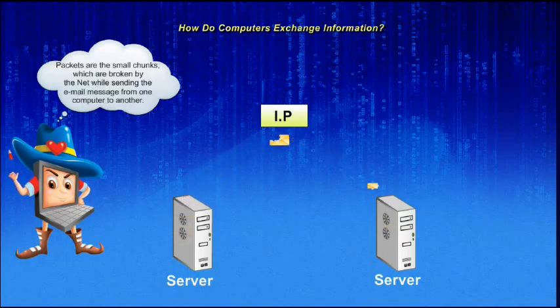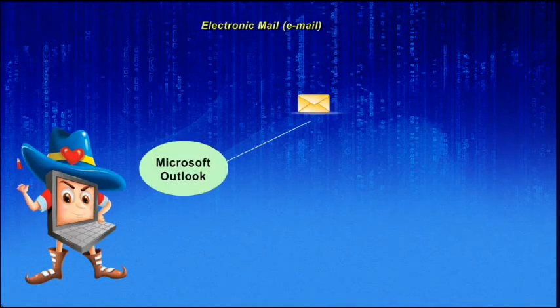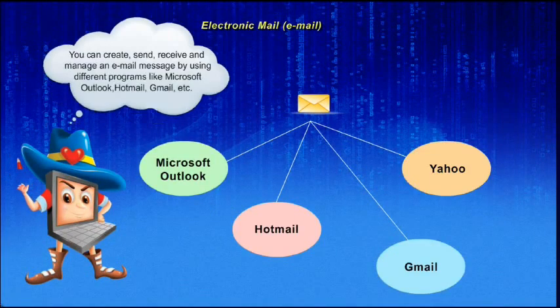Packets are the small chunks which are broken by the net while sending the email message from one computer to another. Each packet contains the address of the destination computer. The messages are put back together to form the email message when this message reaches the designated computer.